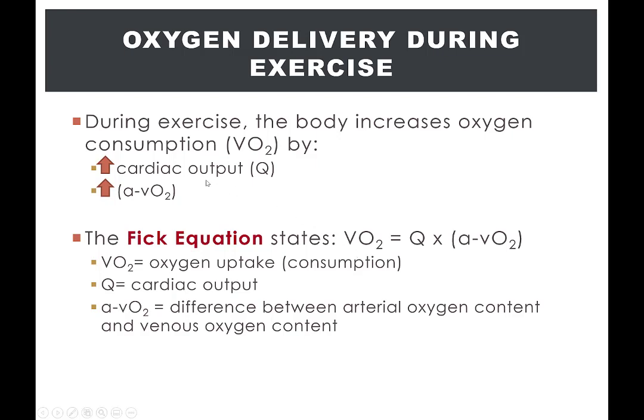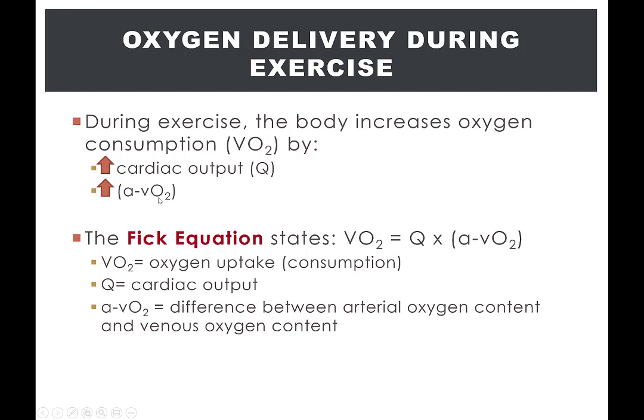We have more oxygen delivery and more oxygen uptake, and therefore oxygen consumption, VO2, would obviously increase. So if I ask a simple question, which of the following factors contribute to an increase in VO2 during exercise, the answers would be an increasing cardiac output and an increase in AVO2 difference.